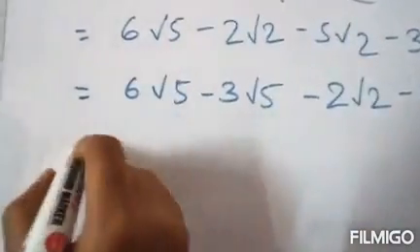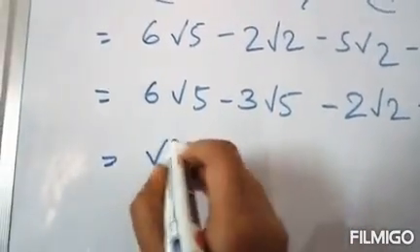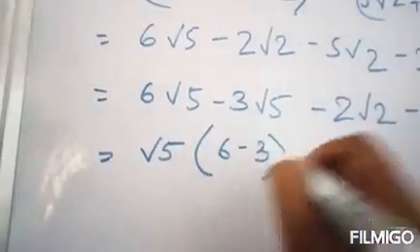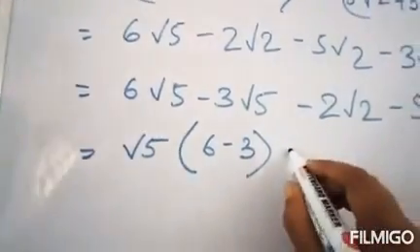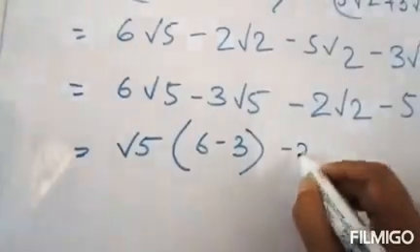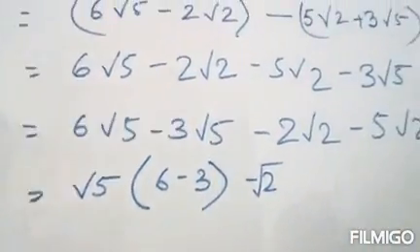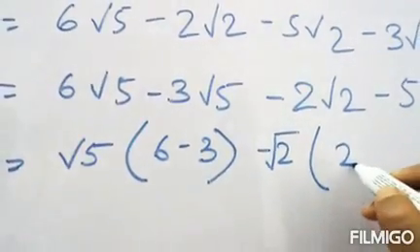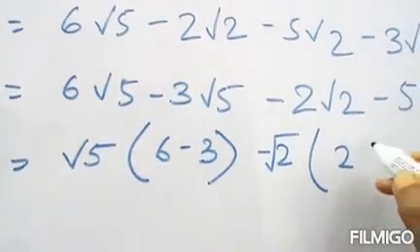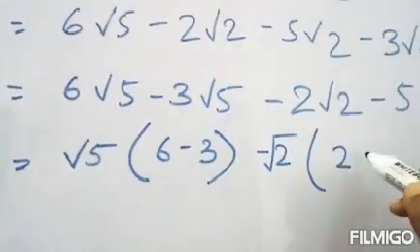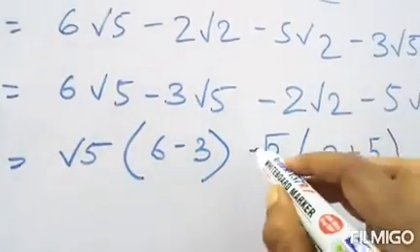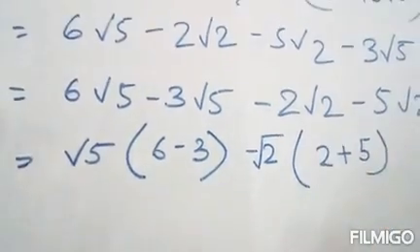Next, root 5 will be taken common. So it will be root 5 times 6 minus 3. And here, minus 2, minus root 2 I am taking common. Okay. So it will be 2. If I take minus common, then it will be what? Plus, because minus into plus is minus.